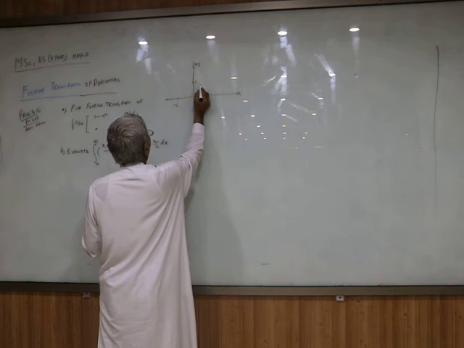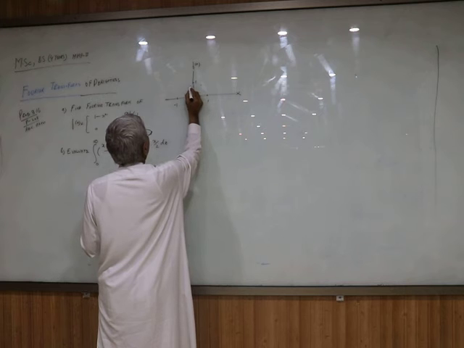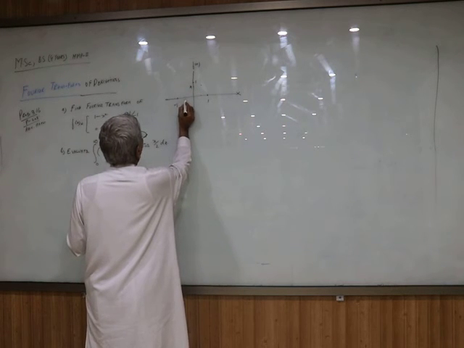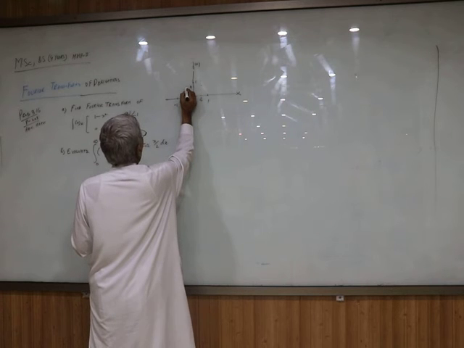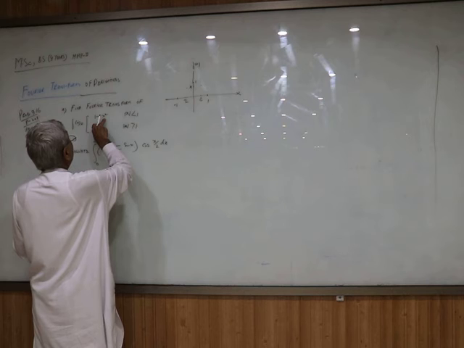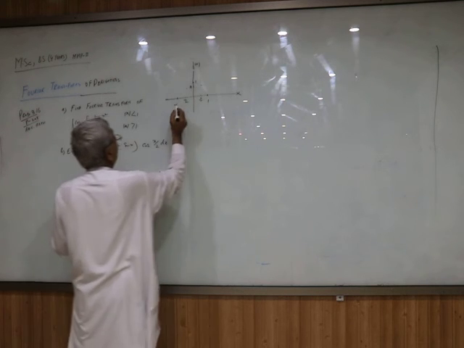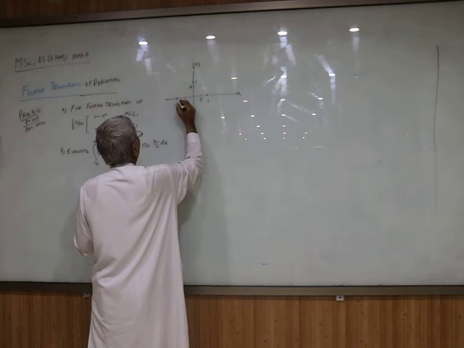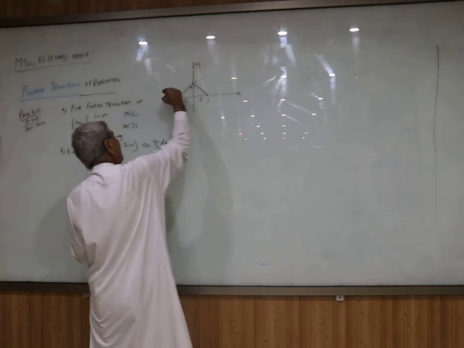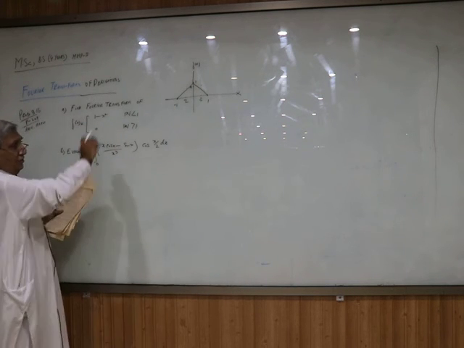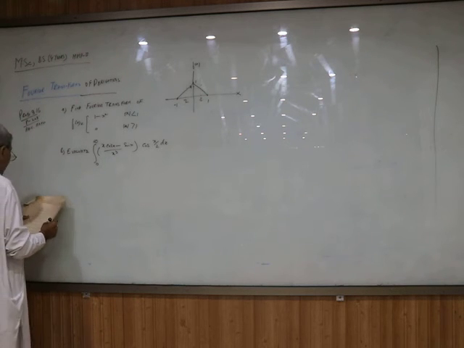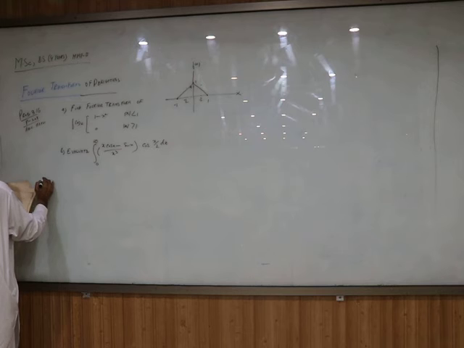Similarly, for minus 1 over 2, you get that one. And similarly, when x is 1, then it is 0. So you will have it like this, or maybe a curve in between, but the graph will look like that. Okay, now let's find its Fourier transform.